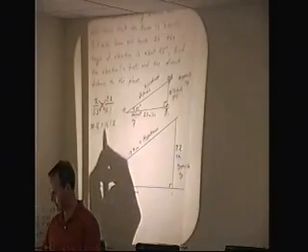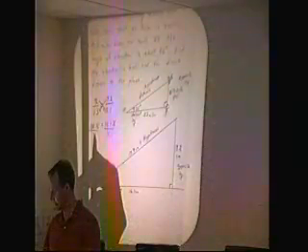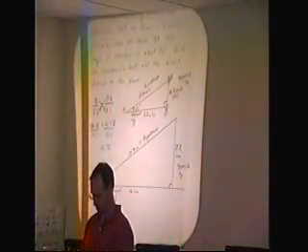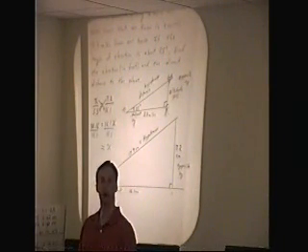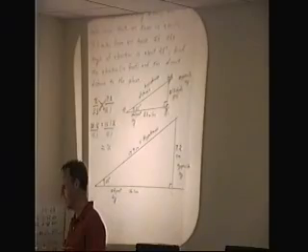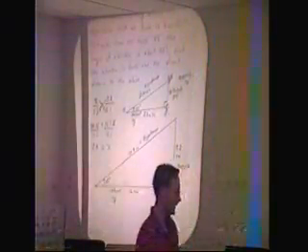Divide by 16.1 on both sides, or whatever it is you have. Yours is going to be different than mine. I got 2.4. 2.4 what? Centimeters. No. Feet. No. Miles.